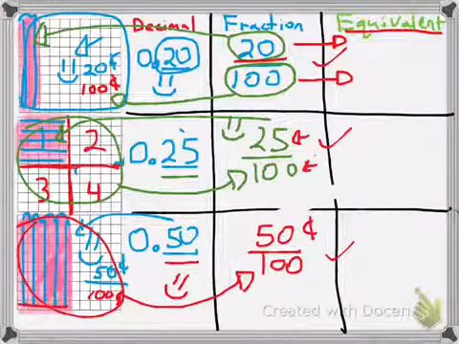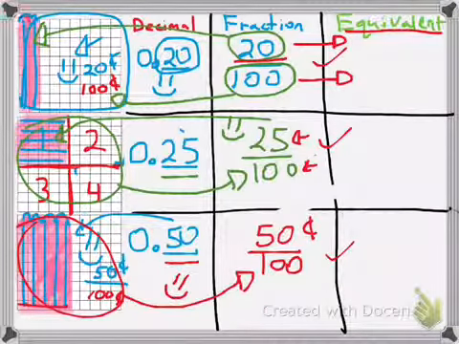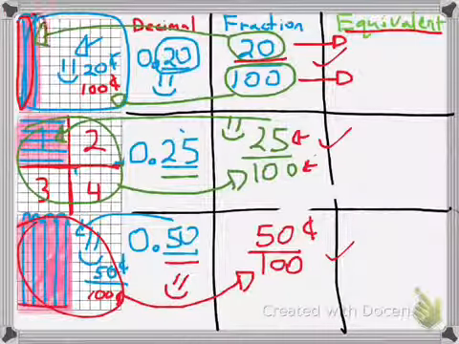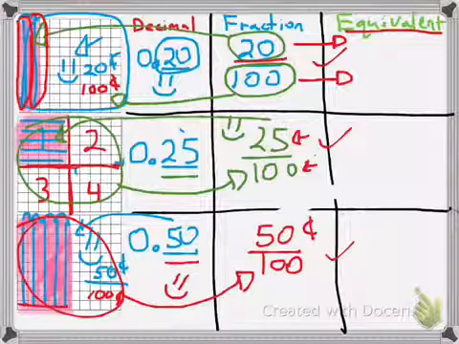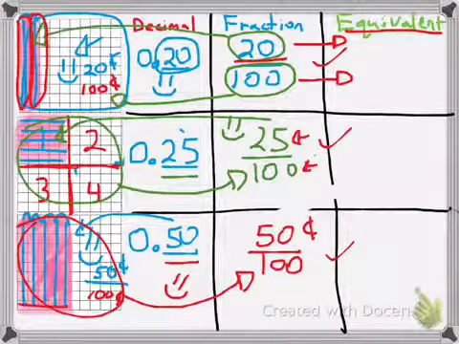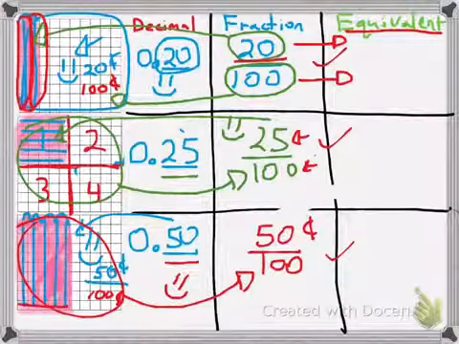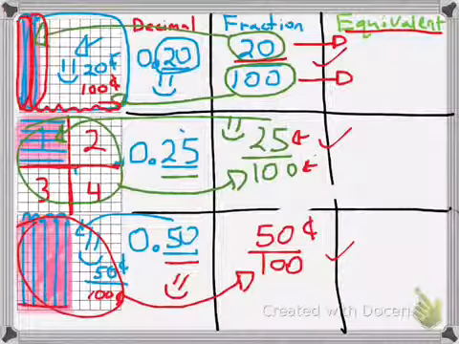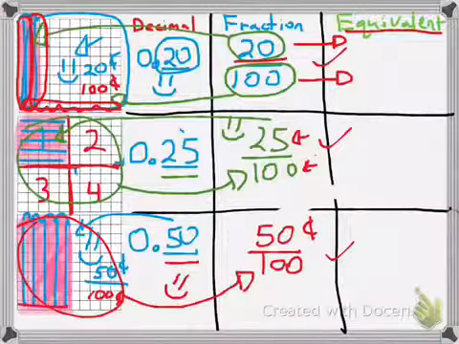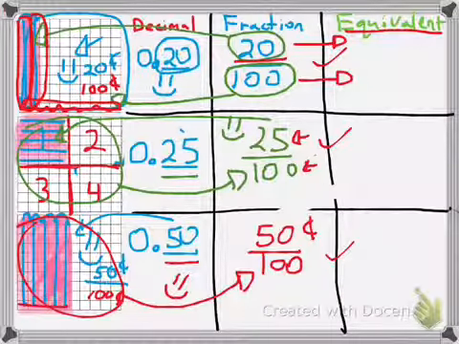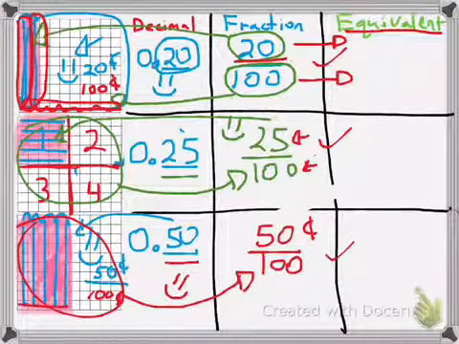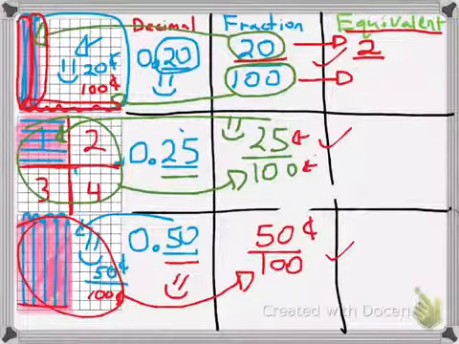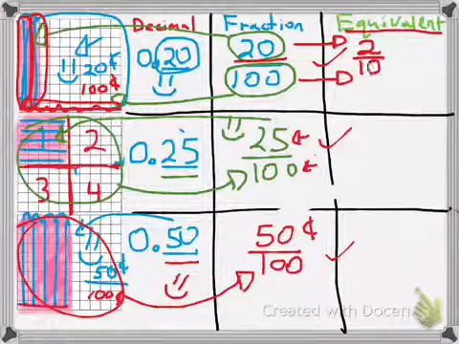Now, the easiest way to do that is to say, look, over here I have one group of 10. I have two groups of 10. And if I count all the groups of 10 here, I have 10 groups of 10 in my whole hundreds grid. Only two groups of 10 are shaded in out of 10 groups of 10.